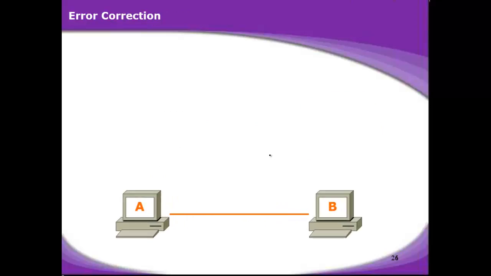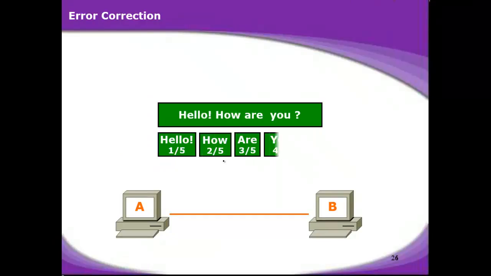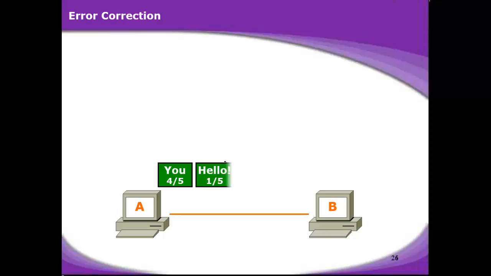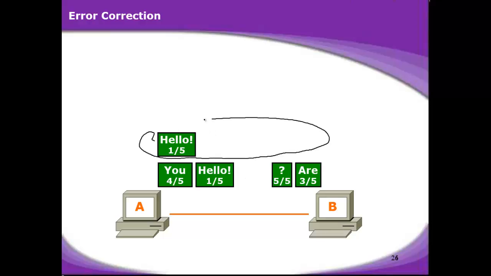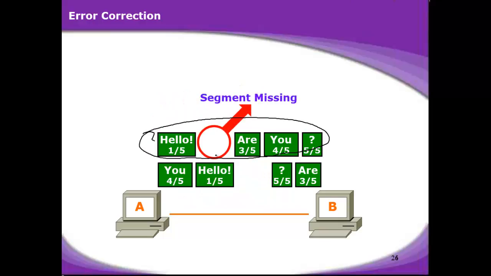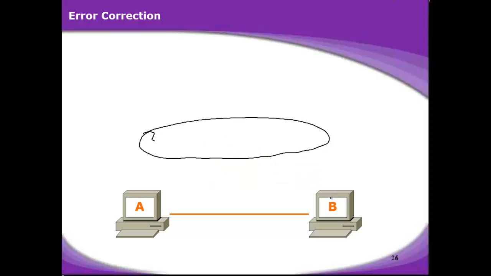The error correction function of the transport layer is that, let's say you have these 5 segments to be sent to the destination, but when you are sending, one segment is lost. At the receiving side, the destination B comes to know that one segment is missing. Then it may request the source transport layer saying that I did not receive that particular segment.